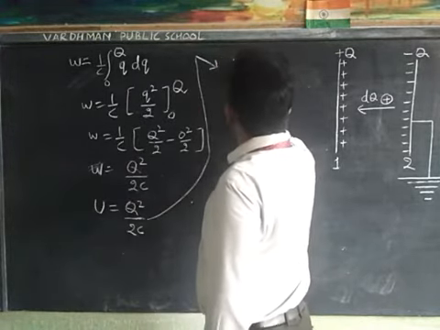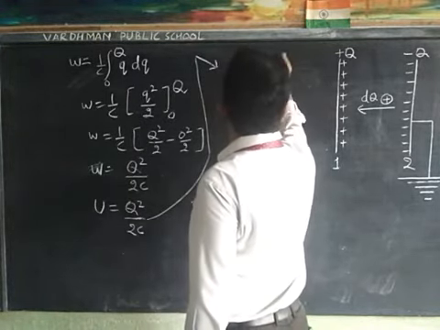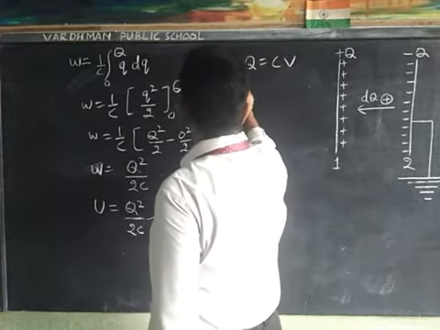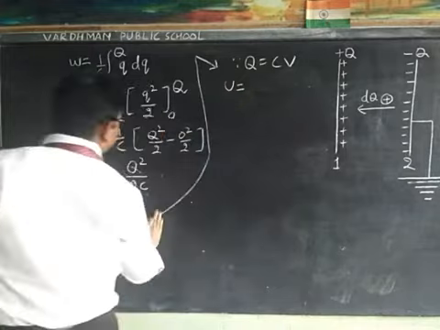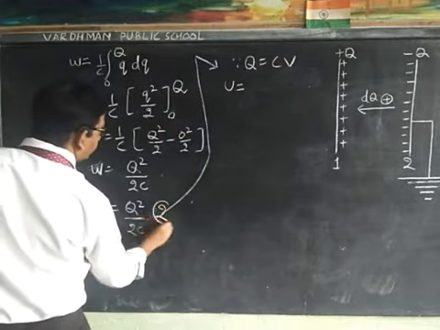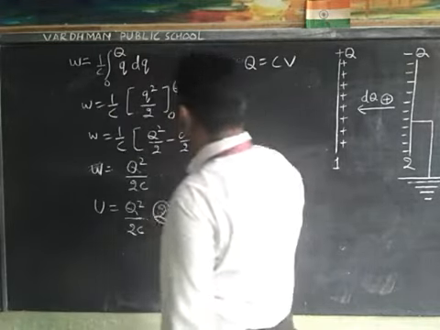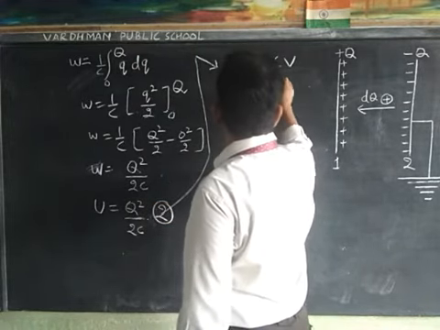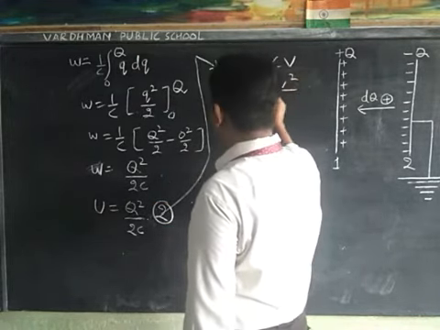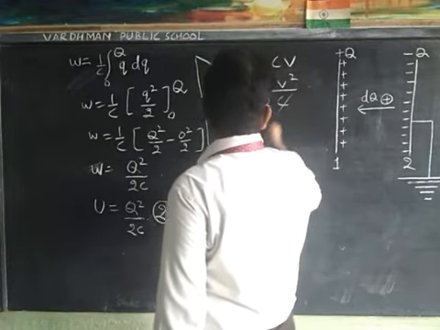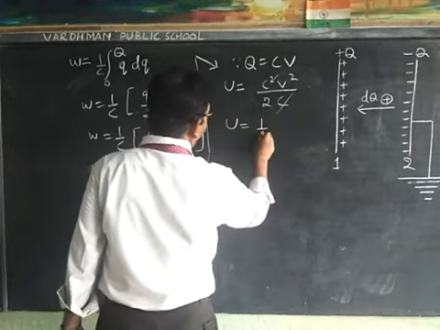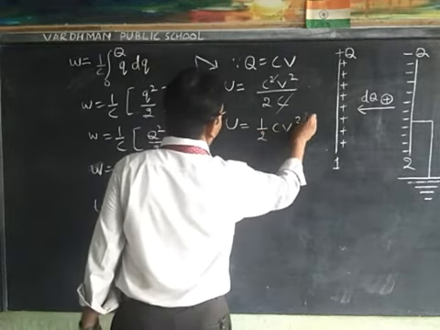Since Q is equal to CV, we put it here, then it becomes C square V square upon 2C, cancel C, then U is equal to half CV square.